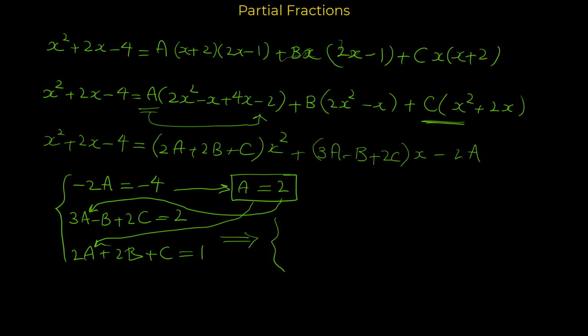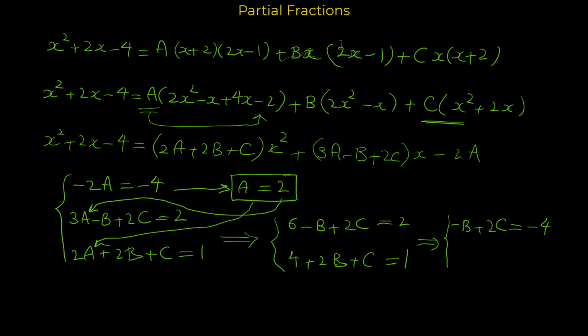In the second, 3 times 2 is 6, so we have 6 minus b plus 2c equals 2. In the last, 2 times 2 is 4, plus 2b plus c equals 1. If we simplify, we have negative b plus 2c equals 2 minus 6, which is negative 4, and 2b plus c equals 1 minus 4, negative 3.